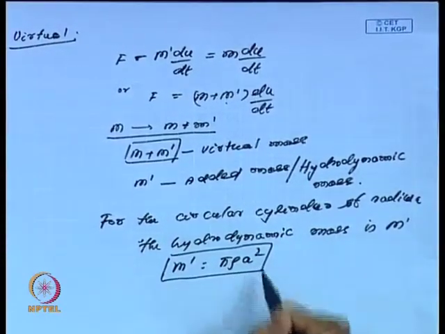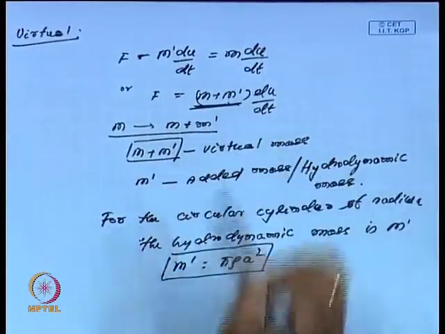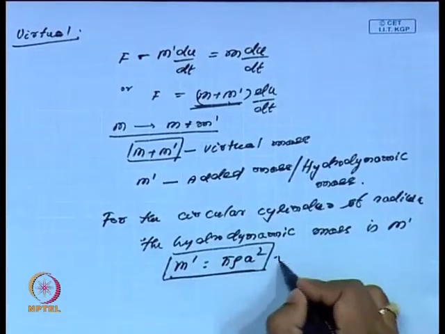So it is clear that m plus m prime is called the virtual mass, and m prime is called the added mass.